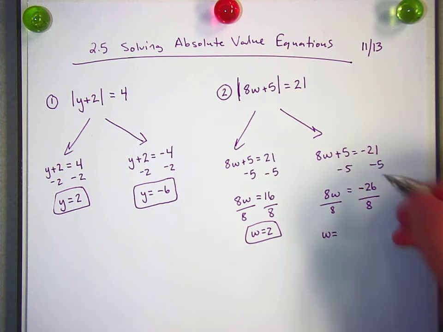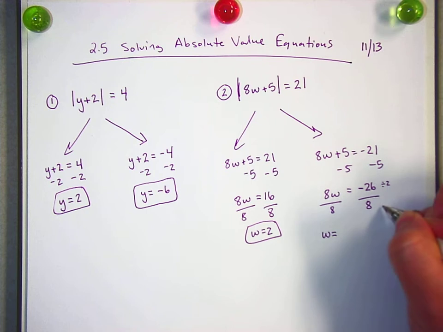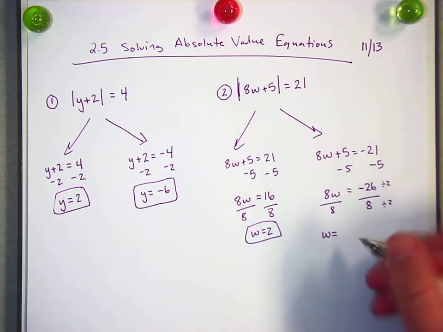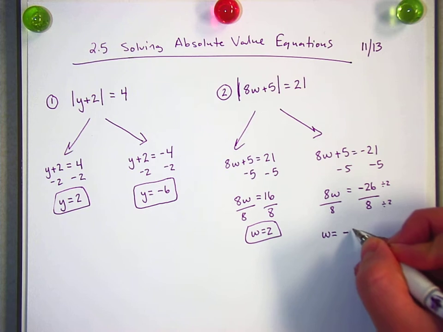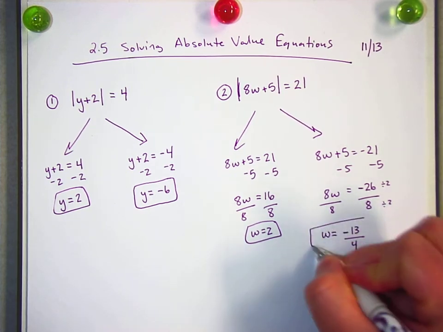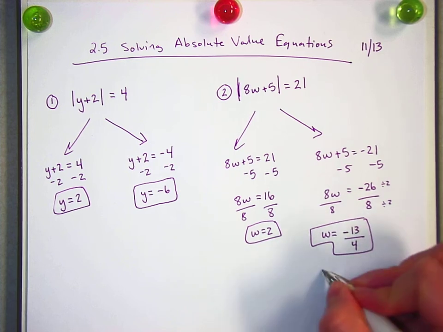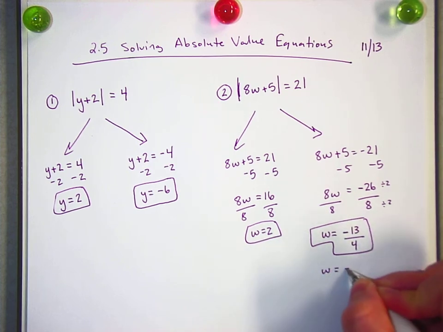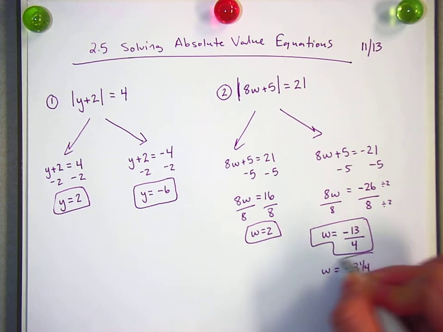I can definitely divide by 2 on the top and the bottom to reduce it. So I get negative 13 over 4. So I guess we could leave it like that, or you could say that's the same thing as negative 3 1/4. Either one of those would work.